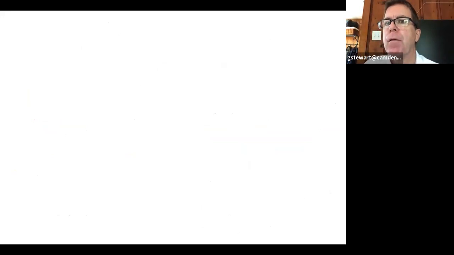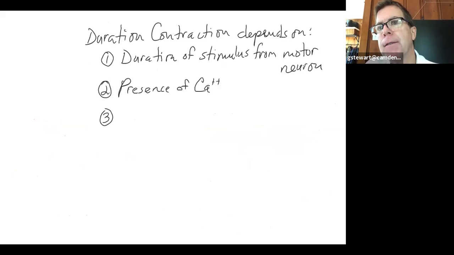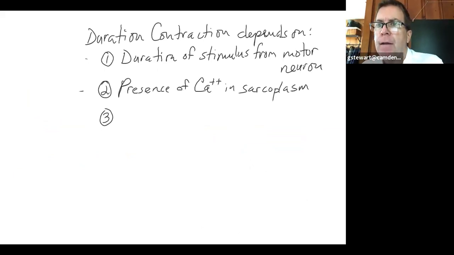Sorry, I didn't go back to the board I wanted to go back to. Second, the presence of free calcium ions in the sarcoplasm of the muscle cell. So first, we need neural stimulation. Then we need the presence of free calcium in order for those active sites on actin to be exposed.